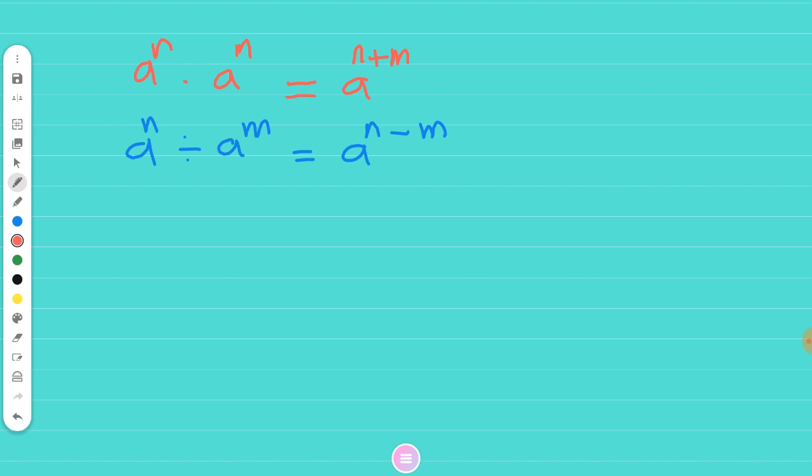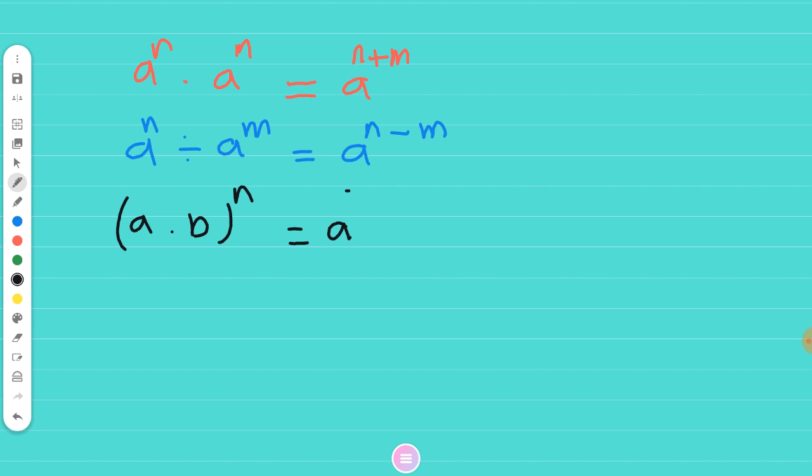The third one is, in case of having 2 different bases, A times B all to the power N, we distribute the power over the 2 bases.